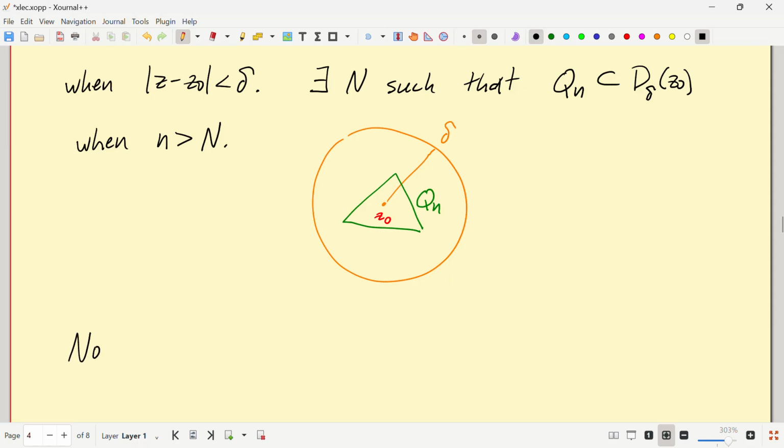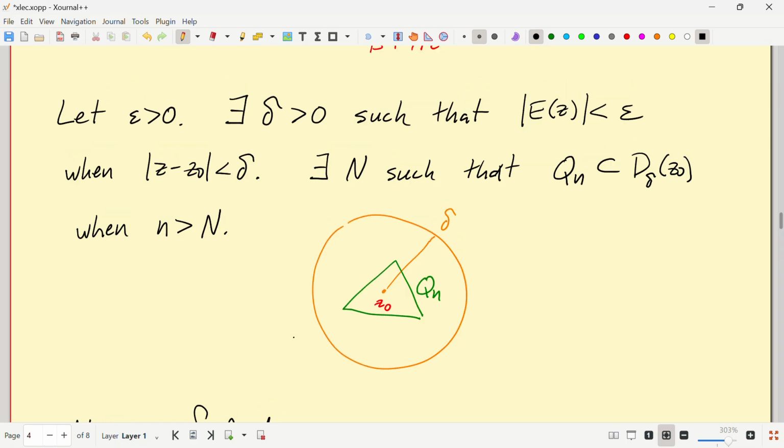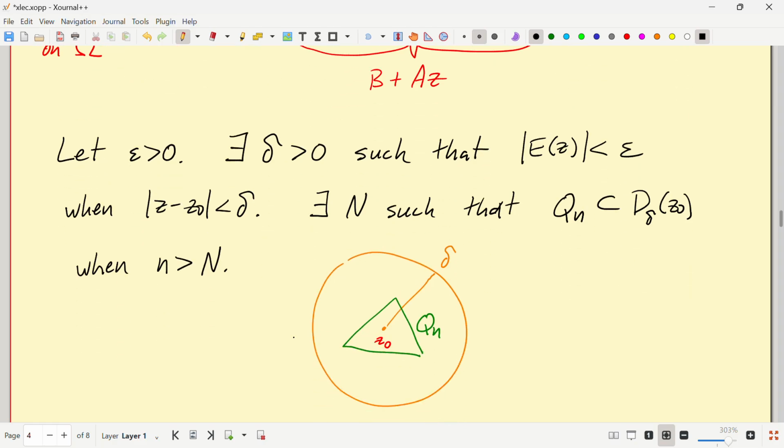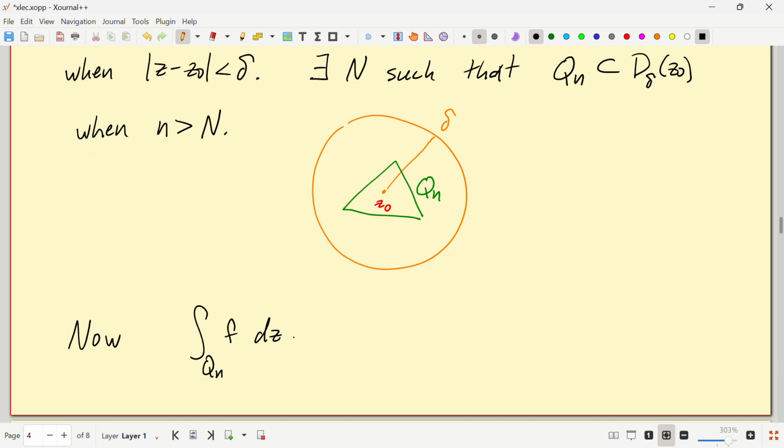Okay, now I claim the integral around the Q_n of f dz, I had a formula for the f above. There's my f. So when I integrate that around, I'd get the b plus az part, which would integrate to 0. I get the integral over Q_n of b plus az dz, and that's going to integrate to 0, big fat 0.